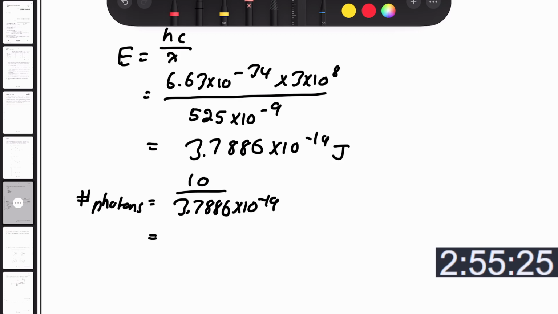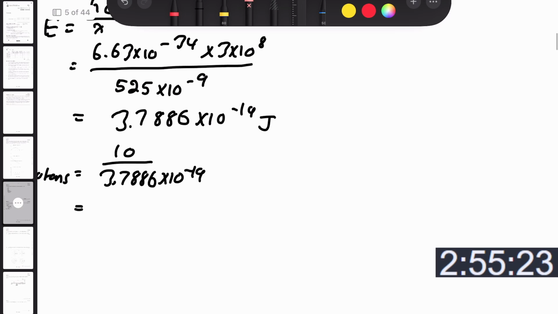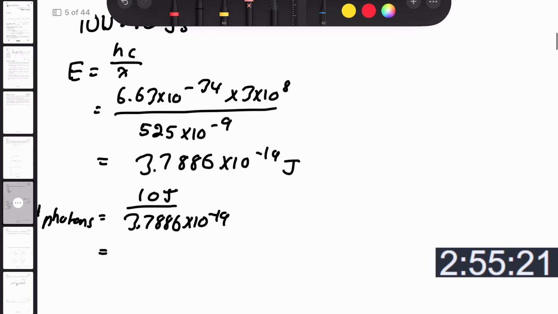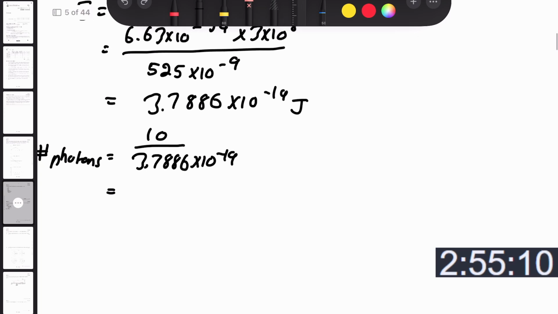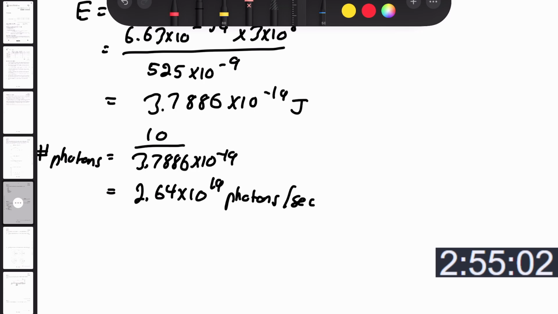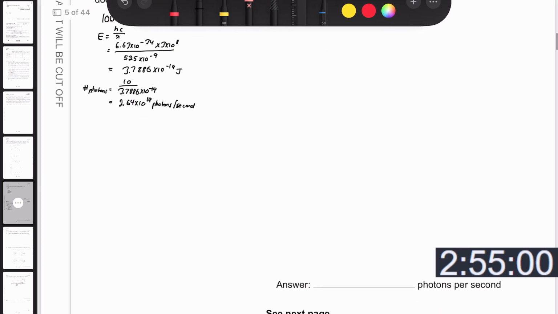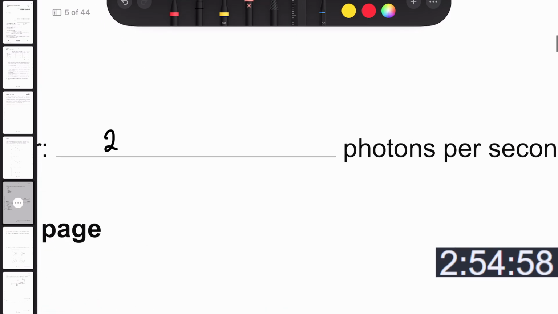If you can't figure this out, you just have to look at the units, and you'll see that these joules will cancel and we'll be left with some value of per second, which is going to be the number of photons. And I get that this is 2.64 times 10 to the power 19 photons a second.